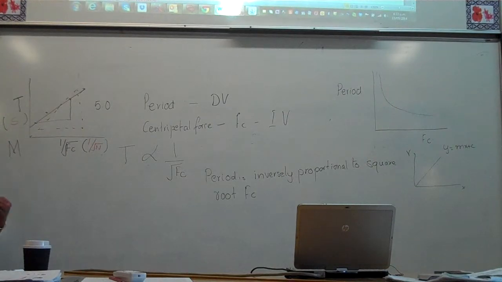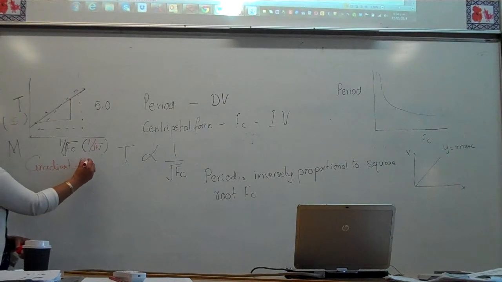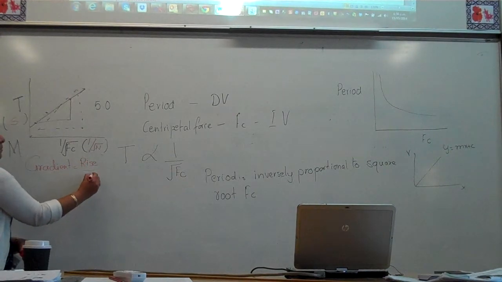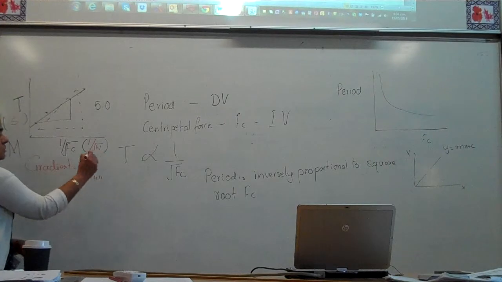Exactly what you do with the quantity, the same thing happens to the unit as well. Now I want to write the unit for the gradient. How do I calculate the gradient? Gradient is rise over run. Agree? Maths knowledge.